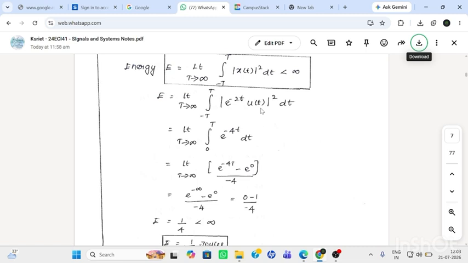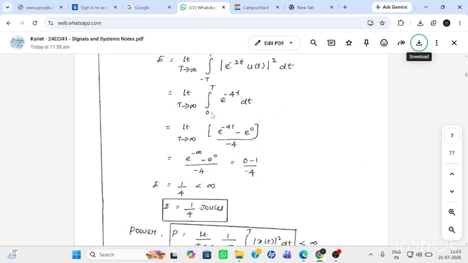For a unit step signal, we know there are two conditions. One is the signal amplitude is 1 only when the limit of t is greater than or equal to 0. So the lower limit becomes 0 and the upper limit is as it is in the integration, which is capital T, and inside the integration the equation becomes e power minus 4t into dt.